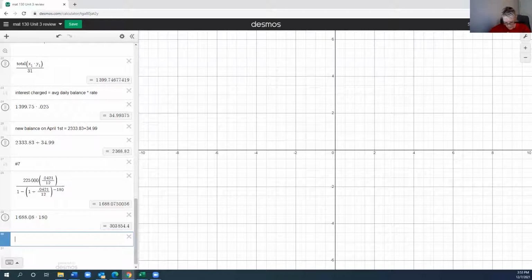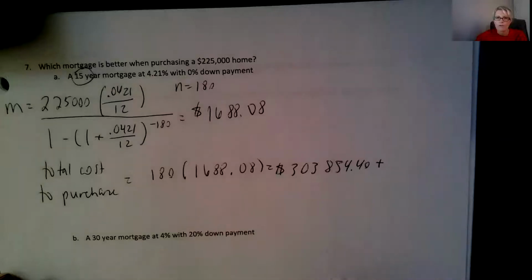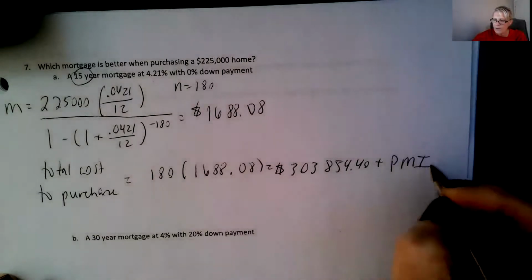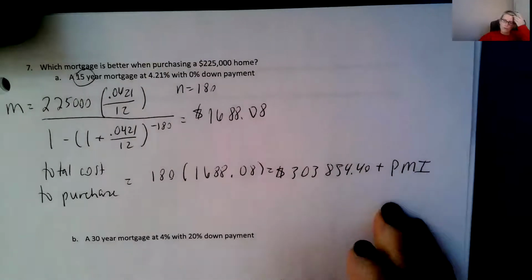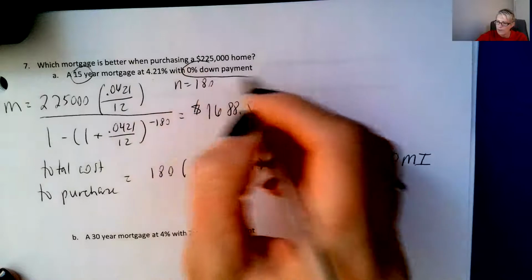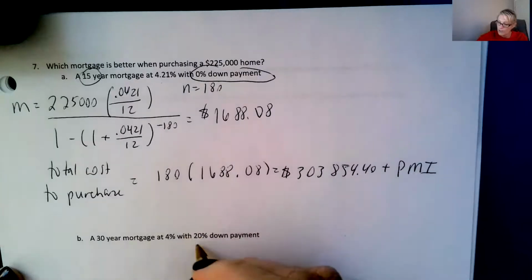Plus, we do have to make the comment here. I'll show you my paper here. This is going to be our total cost, but we have to remember that PMI that we found out when we were working on our unit project for the home purchase: if you don't have 20% down, you need 20% down.